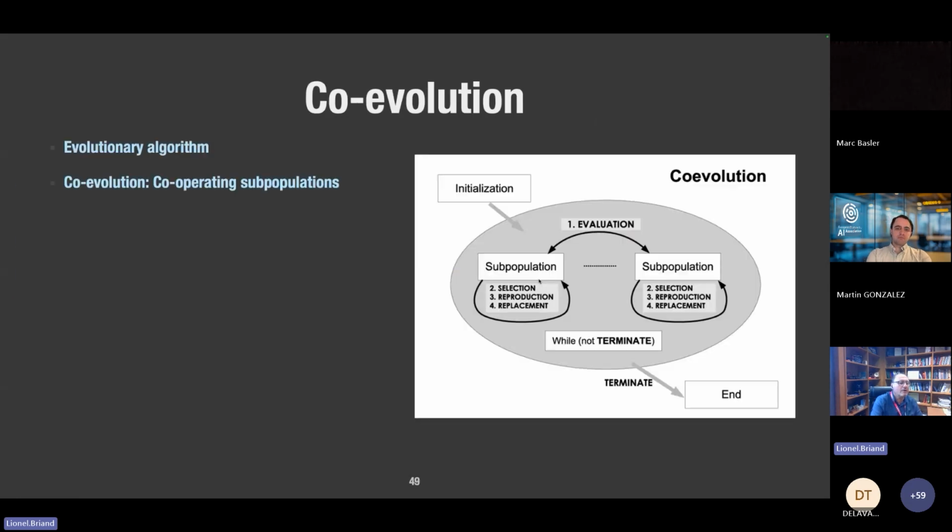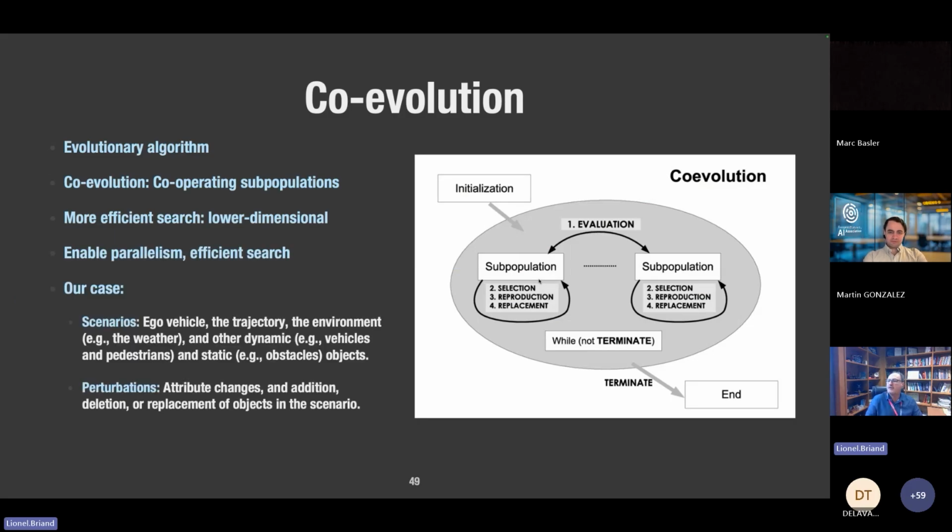So we also use a coevolutionary algorithm. Again, I'm going to be intuitive here. It's a type of algorithm where instead of having one population that you evolve, you have two populations, and it allows, in certain cases, for more efficient search, and for parallelism in the search.